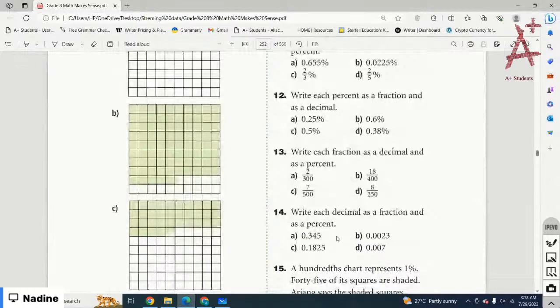So just use a calculator. 2 divided by 300 is 0.0067. 18 divided by 400 is 0.045.